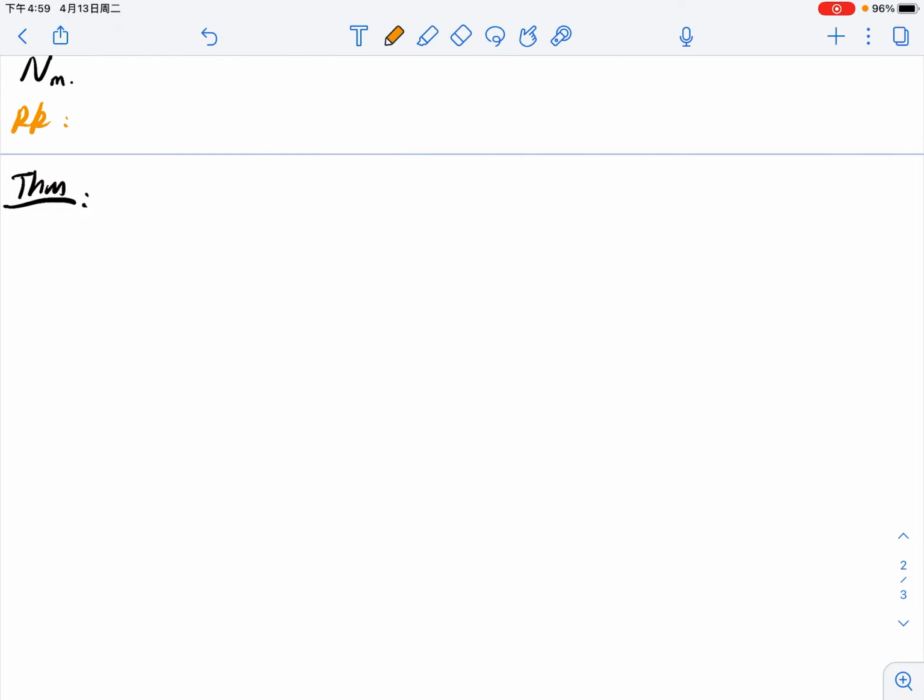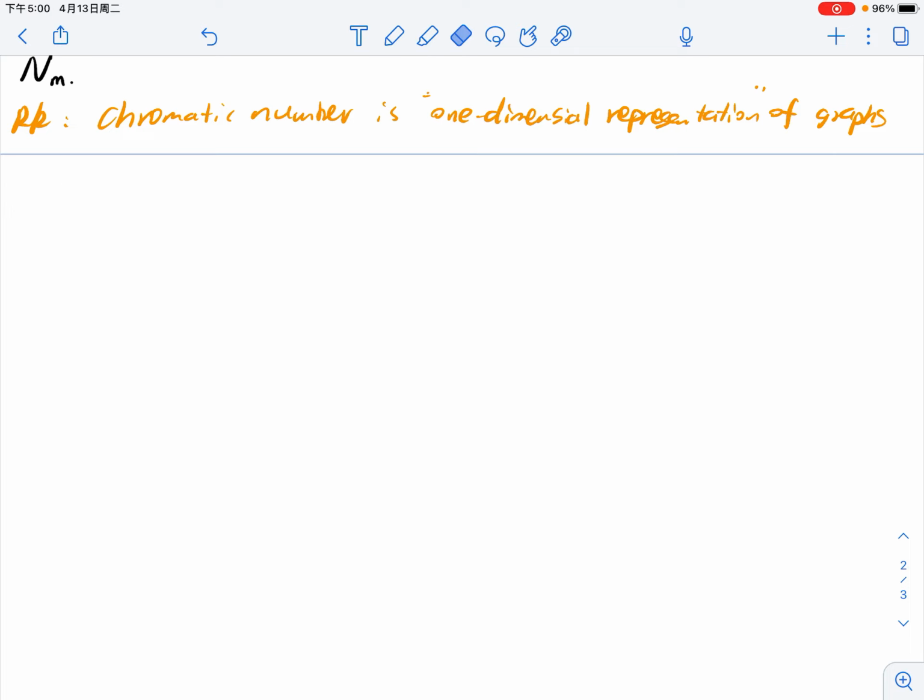Remark: the chromatic number is a kind of one-dimensional representation of graphs. I use one-dimensional representation, which is not so rigorous, because if you have learned a little linear algebra or abstract algebra, representation means something associated with linear maps, but here it's not linear.